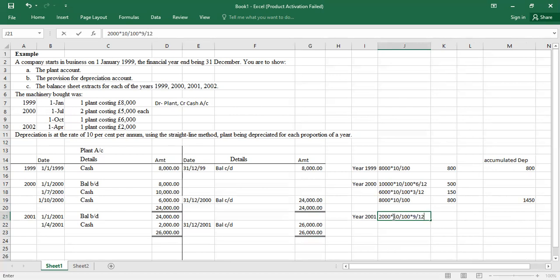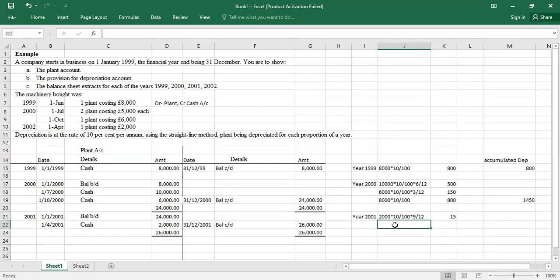That is 200 multiplied by 3 over 4. What do you get for year 2001? This will be 150, right?